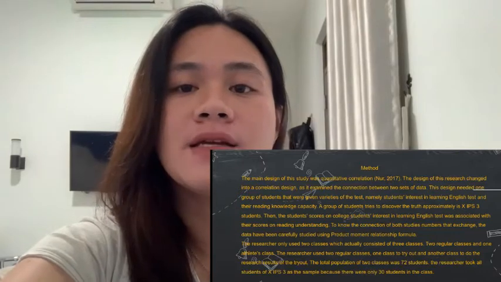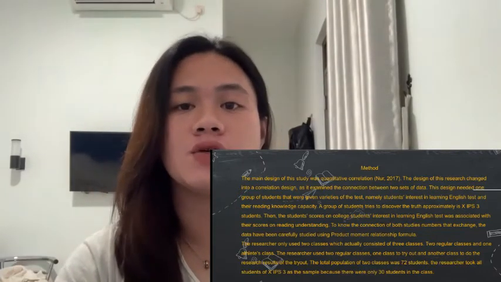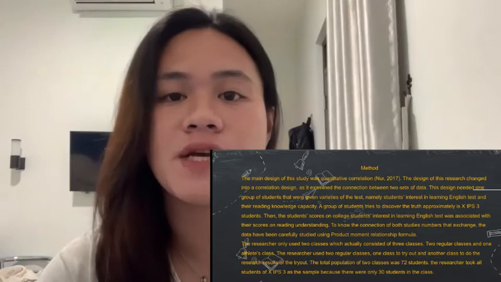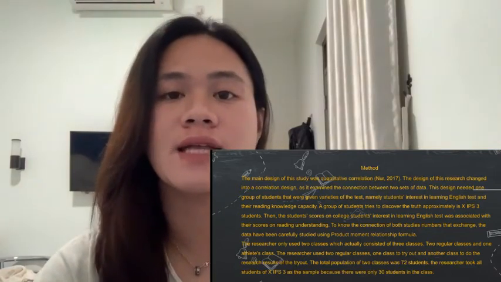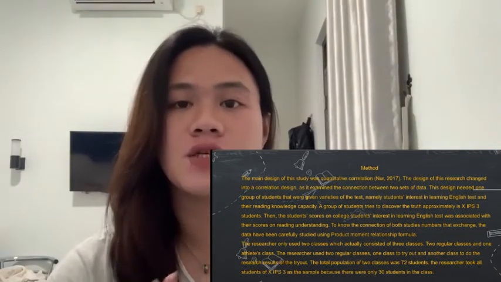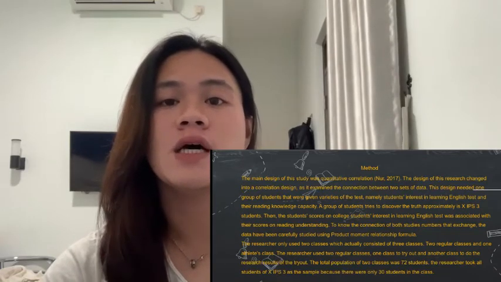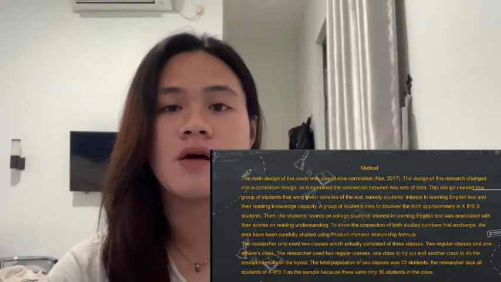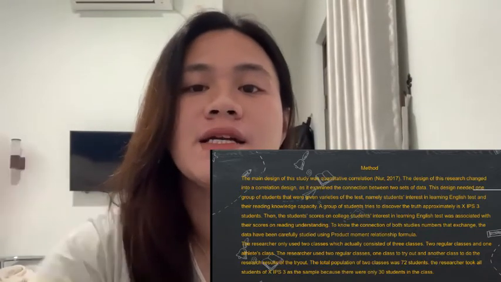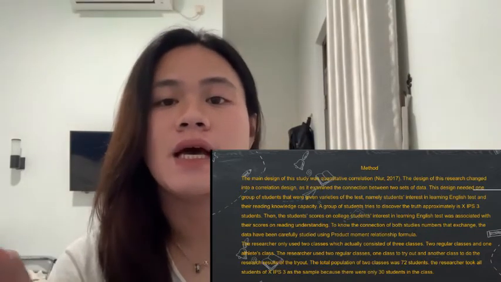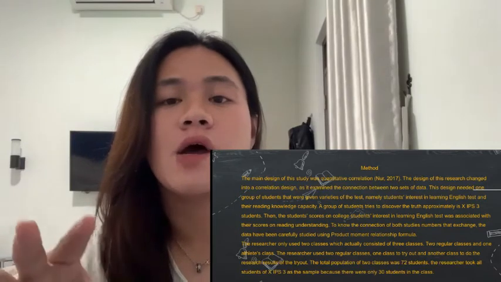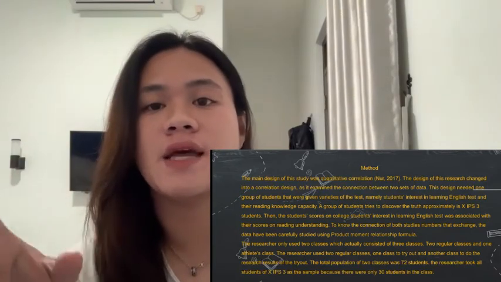And the research only used two classes, which actually consists of three classes, two regular class and athlete class. The research used two regular class, one class to try out, and another class to the research of try out. The research to all students as the sample because were only 13 students in the class.